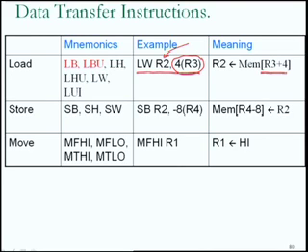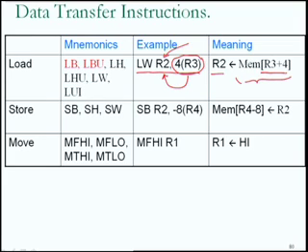So once this calculation has been done, that particular word of memory can be read, and that will be the new value of the destination register R2. So the contents of the memory address as specified by 4(R3) are copied into register R2, and that's the meaning of the instruction.